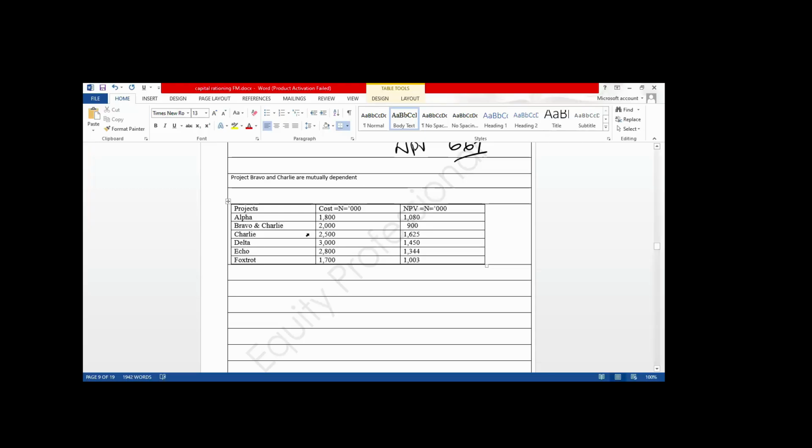So 2,000 plus 2,500, the total here becomes 4,500. Then 900 plus 1,625, you are going to have 2,525.